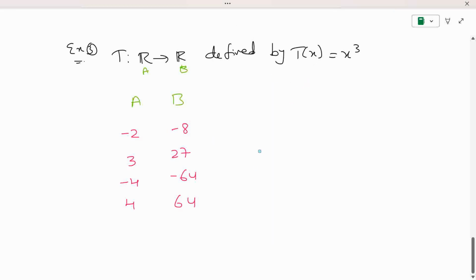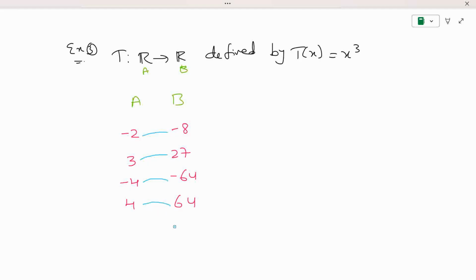Now we have to check whether it is surjective or not. So for -8, I have -2. Whatever the value in set B, I will get some element in set A, because that is also real. For 27, I have 3. For -64, I have -4. For 64, I have 4.